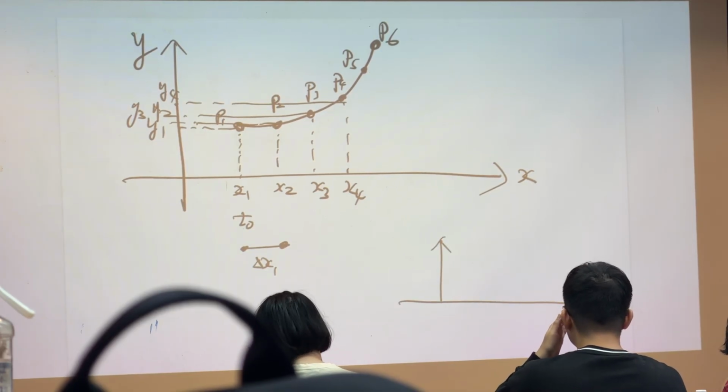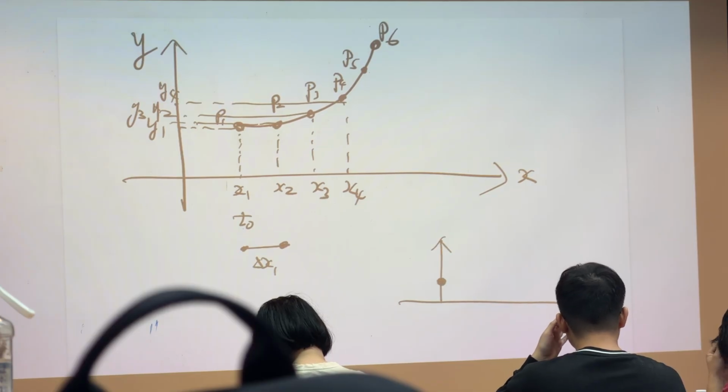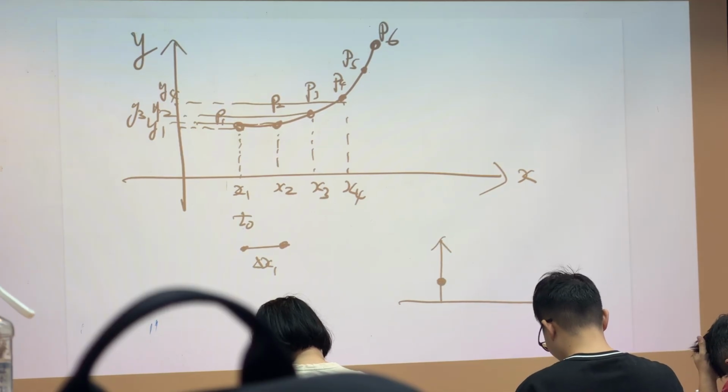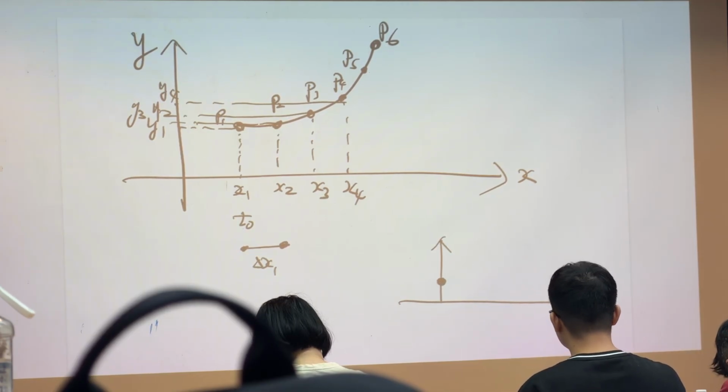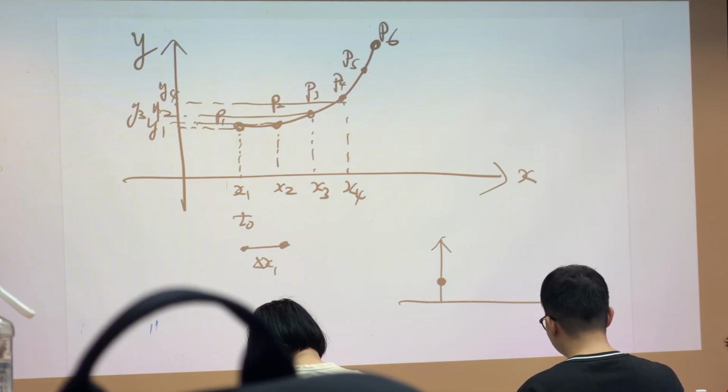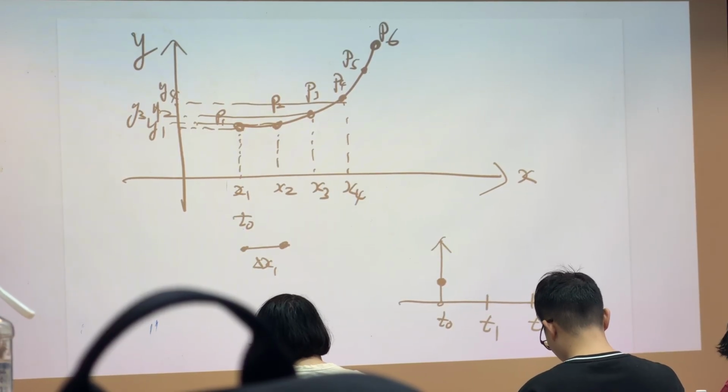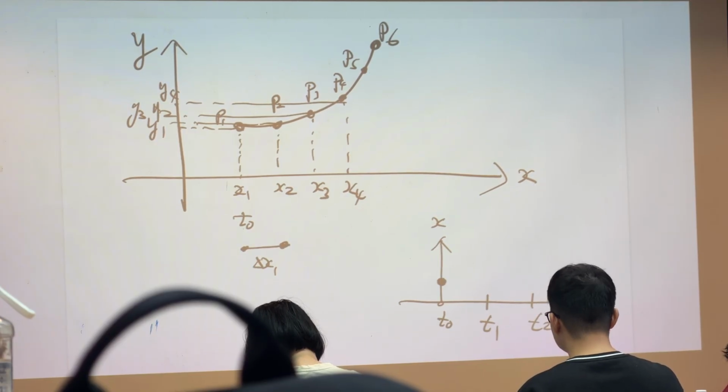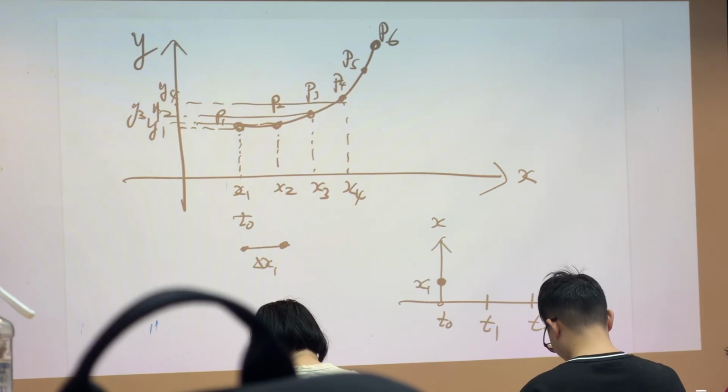If I use this like a step function, this is T0, this is T1, this is T2, and this is X. That means at T0 I am at X1, but at T1 I move to X2.